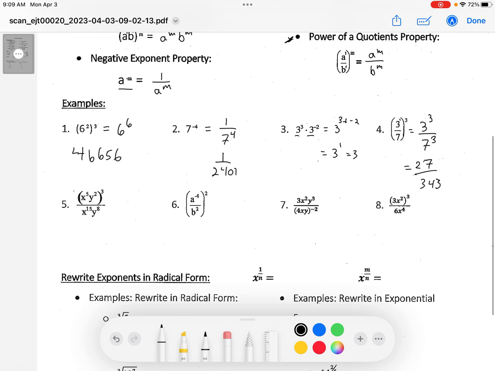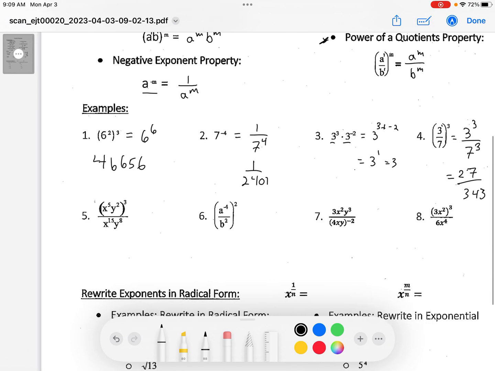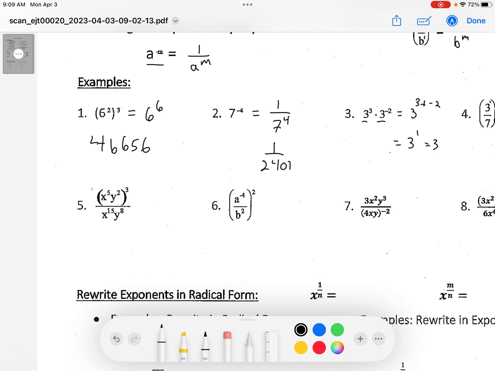So now we got x's, but we still are looking at the exponents. So on number 5, you can see that we're raising a power to a power in the numerator. So we multiply those. So that's x to the 15th over y to the 6th, over x to the 15th over y to the 8th times y to the 8th.